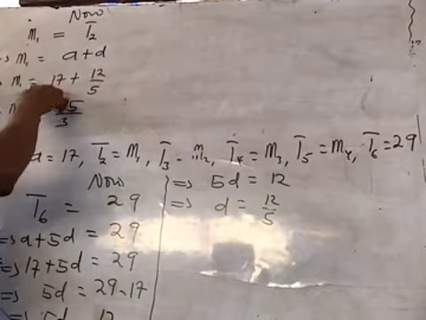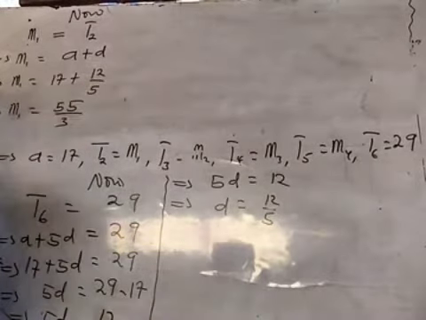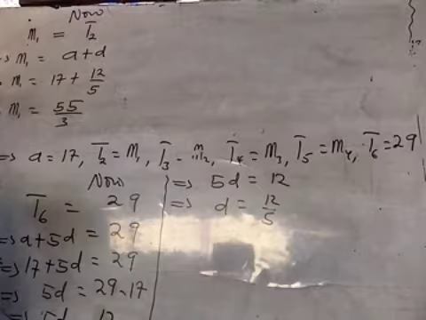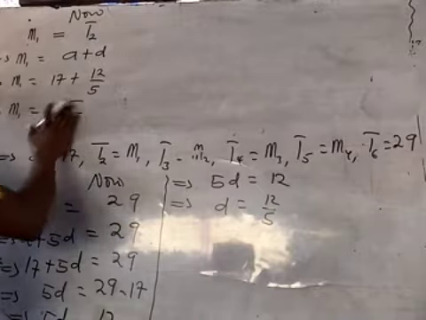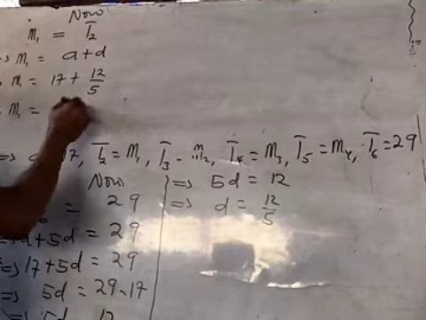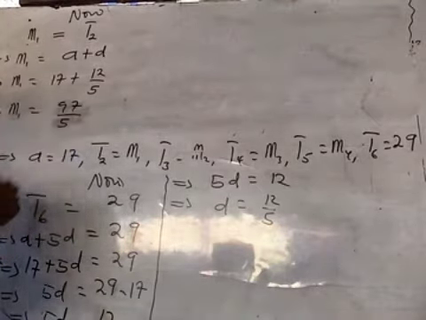A is 17 plus D, which is 12 over 5. So we have 17 plus 12 over 5, and that results to 97 over 5. That's the correct thing there.